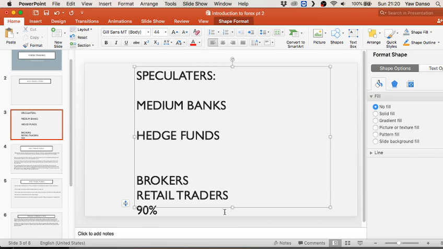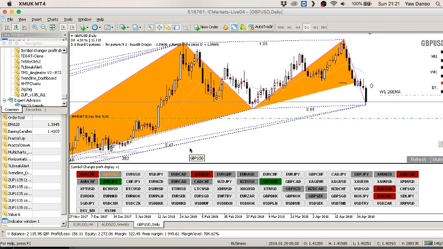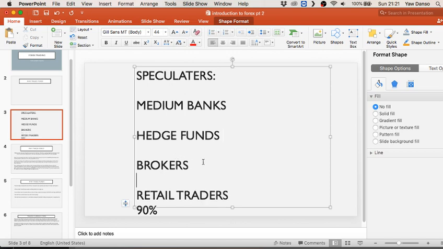So before any currency pair will move, let's say, for example, the British pound and the US dollar, the medium banks will already know, simply because they have connections, or they know information about something that this category, the hedge funds, doesn't.